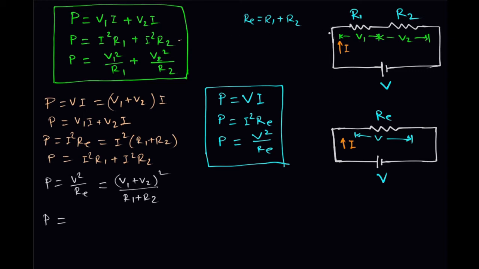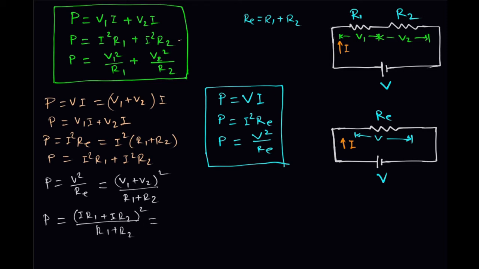V1 is I R1. So in place of V1 we can write I R1, and in place of V2 we can write I R2, all squared, divided by R1 plus R2.